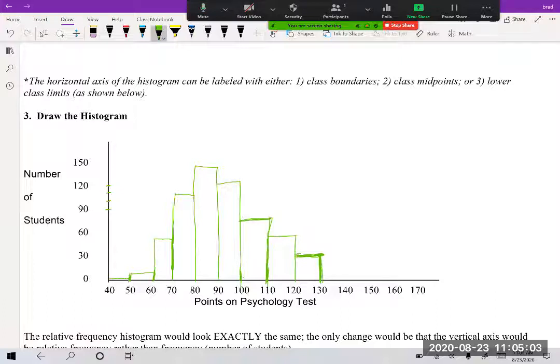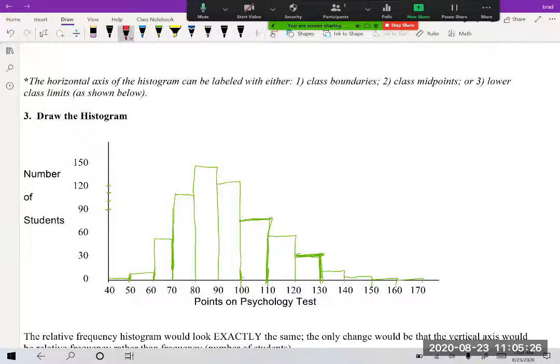I think you guys are getting the idea. Right about like that. 140 to 149 is 6, so it's going to be really hard to draw now. And then 150 to 159 would be 1, so I'm just going to draw a green line, and 160 is 1 again, so I'm just going to draw a green line right there. So that is my histogram.